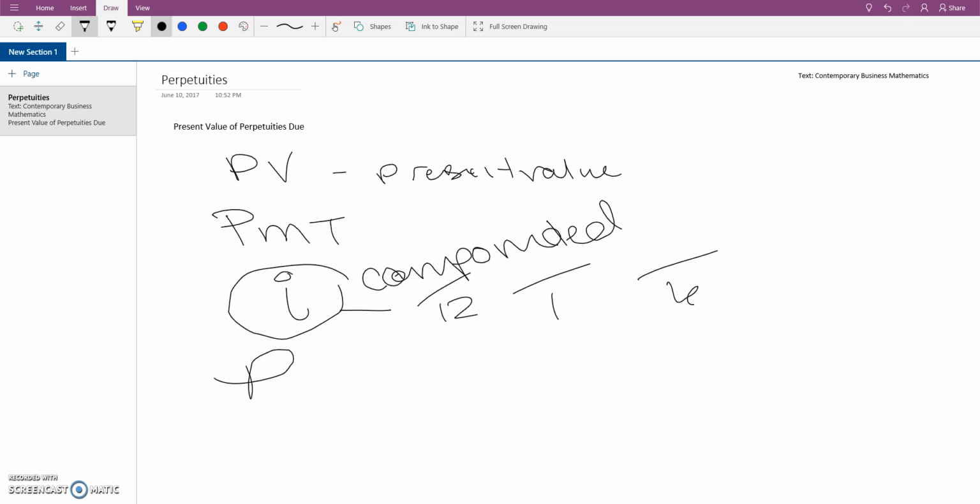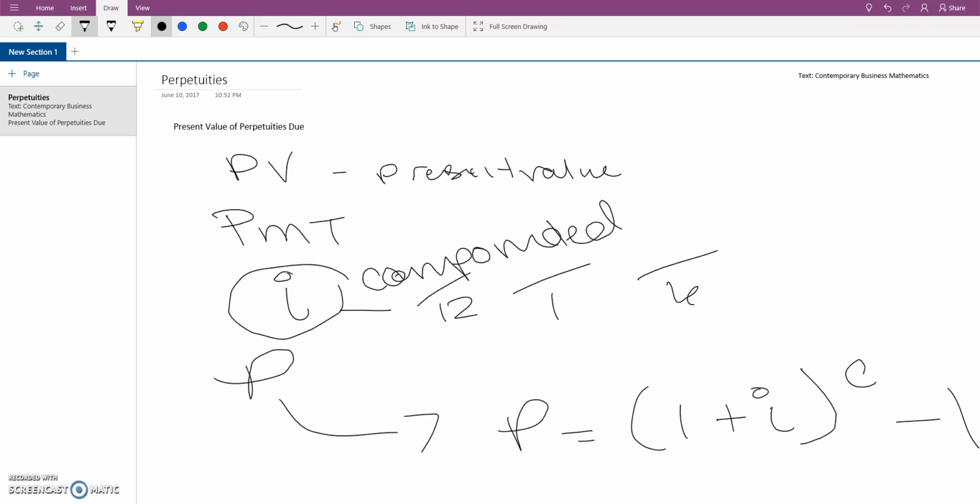Then P is the effective rate of interest per payment period. So P equals 1 plus I to the power of C, minus 1. And C is the conversion rate.